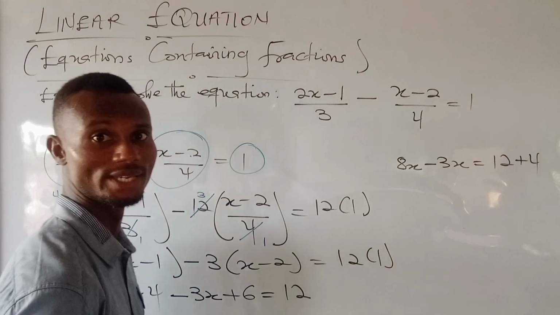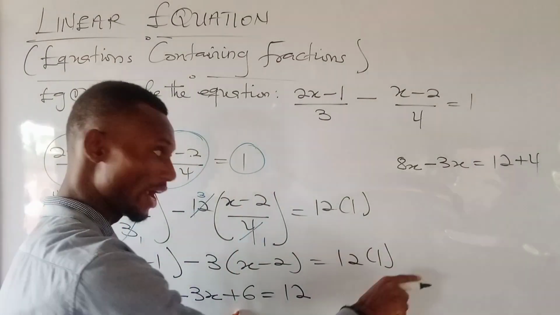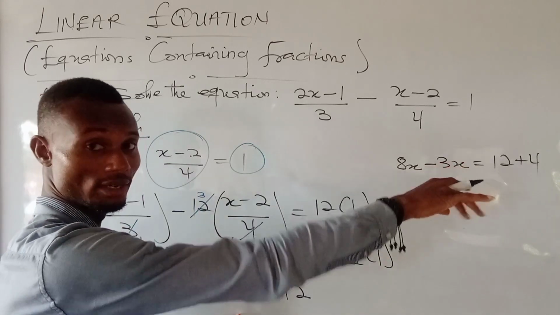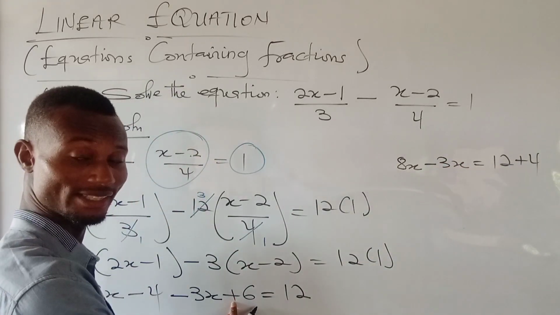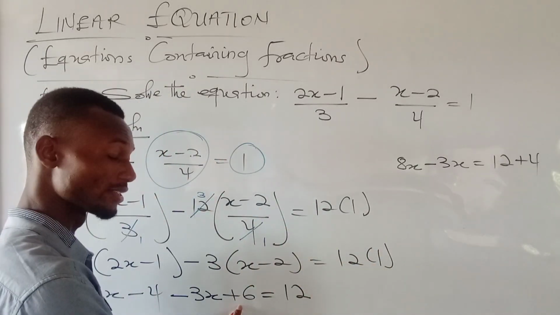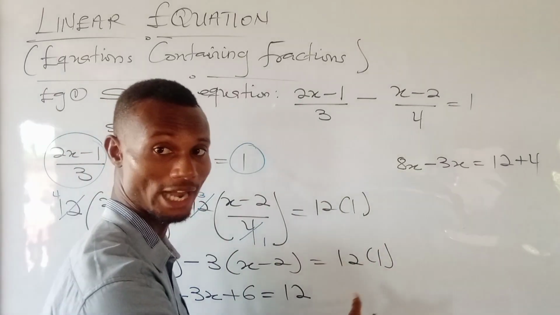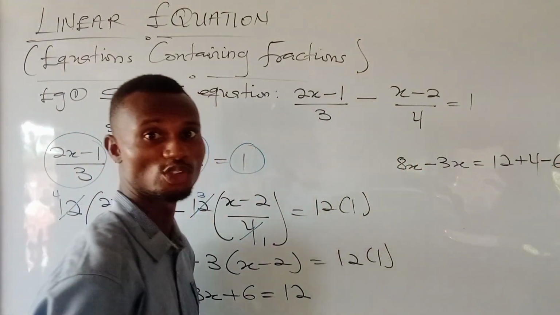Hope you agree with me. Then the positive 6 also will cross the equal sign and go and join the numbers at that side. Since it's positive, when it crosses the equal sign, it becomes negative. So minus 6. Hope you agree with me.